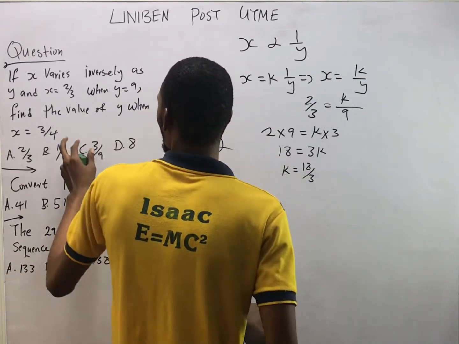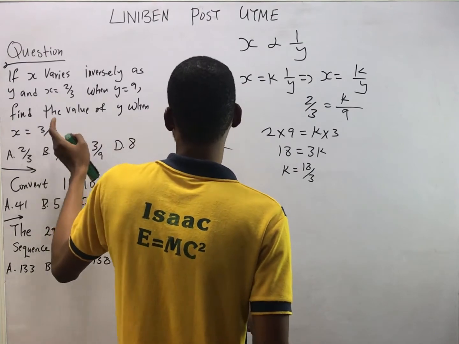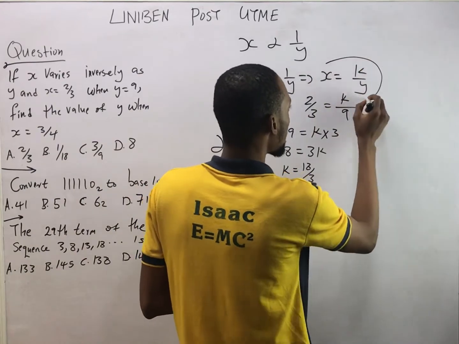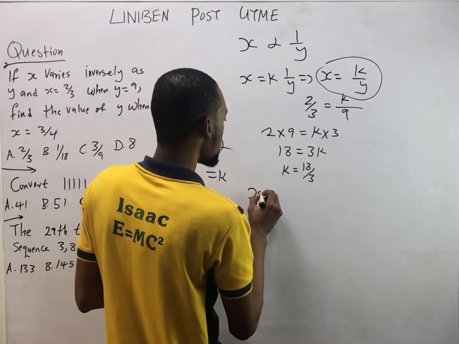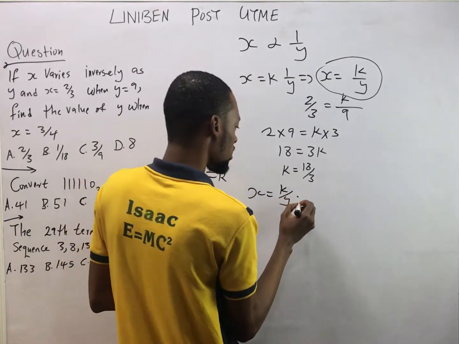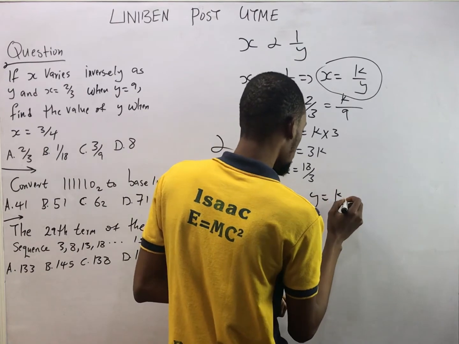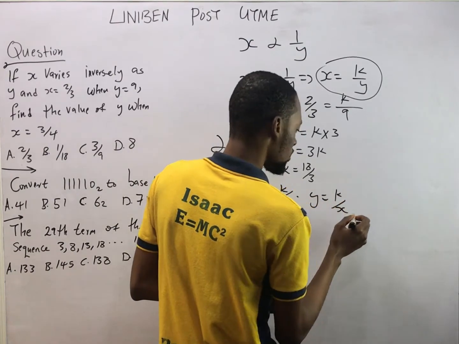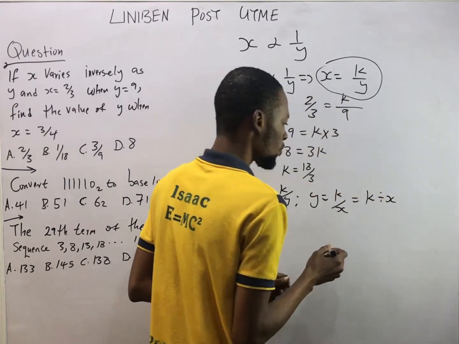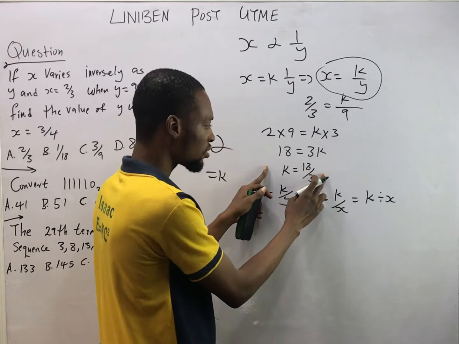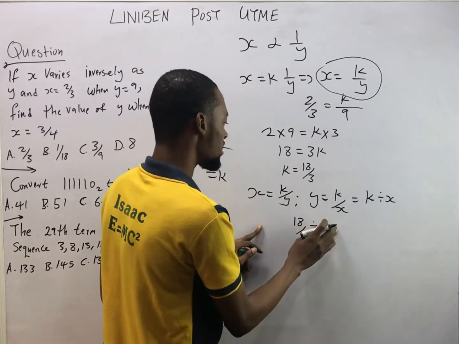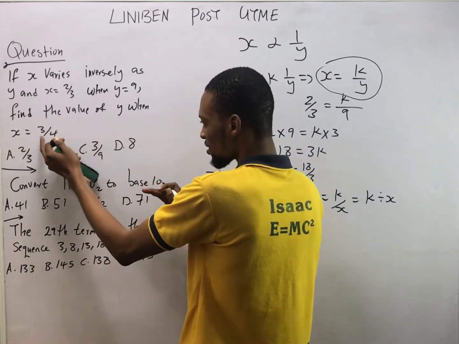Now, we are asked for the value of Y when S is equal to 3 over 4. This is the relationship between Y and S. If S equals K over Y, it therefore means that Y equals K over S, which is the same thing as K divided by S. And we already have our K, which is 18 over 3. 18 over 3 divided by S. We are now asked to take S as 3 over 4.